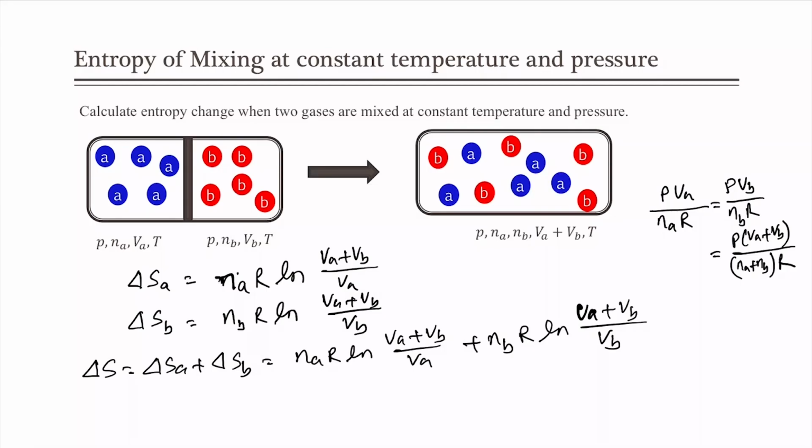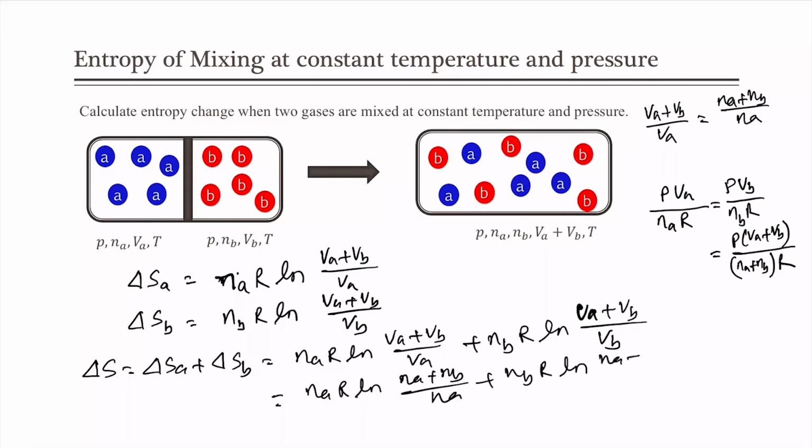Now, if I use this relation, then P cancels of course, and we get (V_A + V_B)/V_A equal to (N_A + N_B)/N_A. So, we can write N_A R ln((N_A + N_B)/N_A) + N_B R ln((N_A + N_B)/N_B). Now, since it is a logarithm, we can take the minus sign.